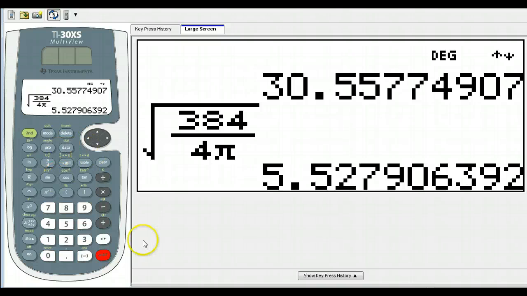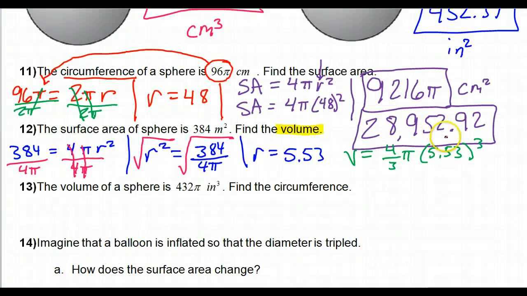Alright, you know what, I'm just going to go ahead and round now. I don't want to confuse you. So we could just type all this into the calculator. So 4/3 pi times the radius cubed.